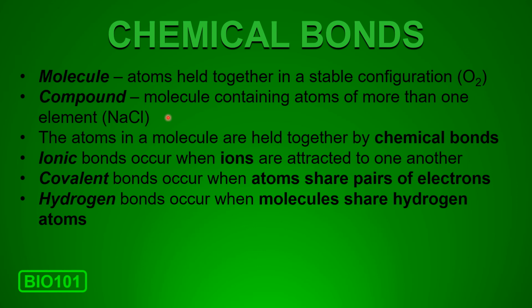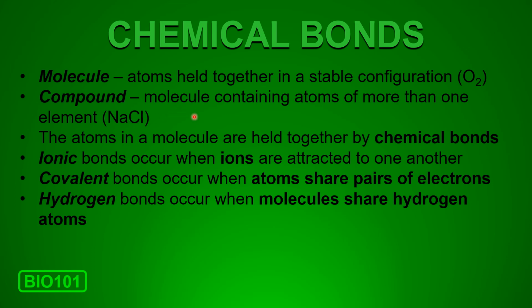A compound is a molecule containing atoms of more than one element. So in this case, we have a molecule of oxygen, same element. Here you have atoms of the same element. Here you have a compound. This is NaCl, or sodium chloride, in other words table salt.